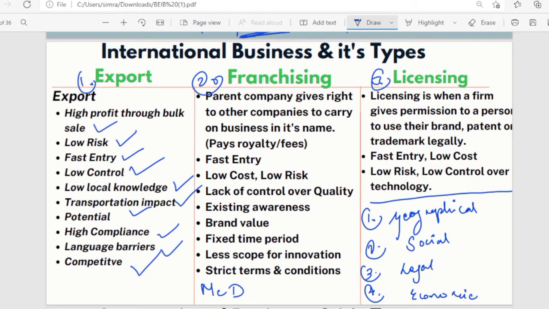Whenever a company, now McDonald's, you know where this concept of McDonald's originated from? Yes, I hope you all have answered US, so I'm saying yes, right. It has arrived from the United States.